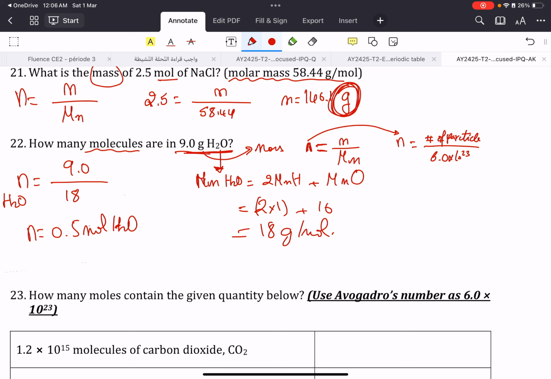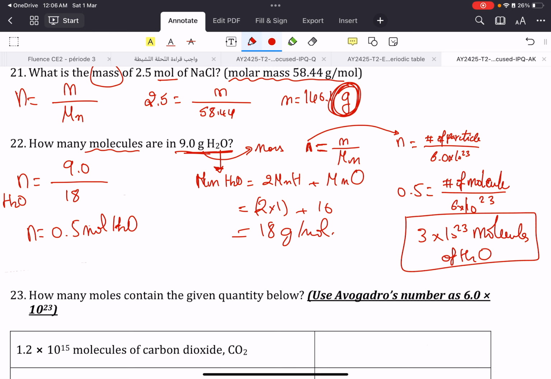So knowing that the mole is 0.5, I'm going to substitute and calculate the number of molecules. So the answer would be 3 times 10 to the power 23 molecules of H2O.